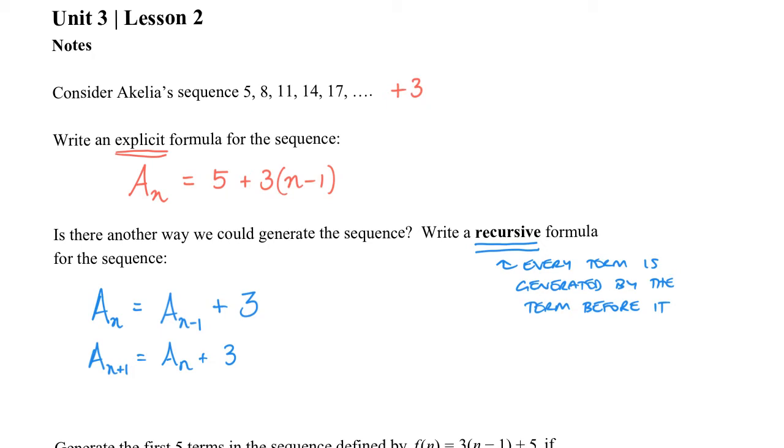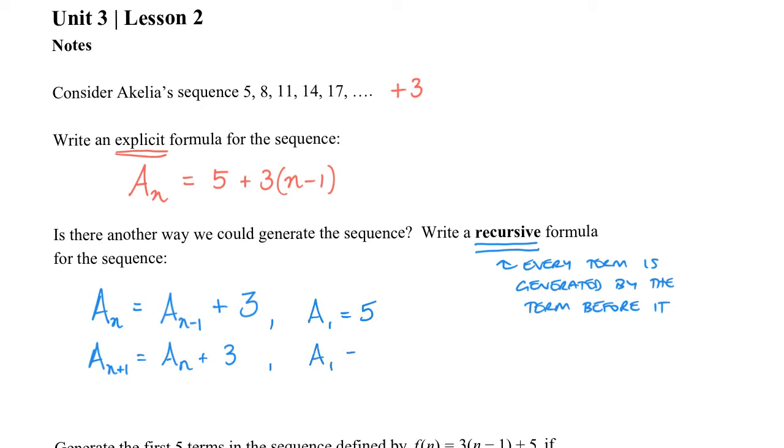Now, what's missing from this? What's missing is the 5. What do we start with? We have to include that information in our recursive formula. So we have to tell you that A sub 1 is 5. We have to do the same thing down here.